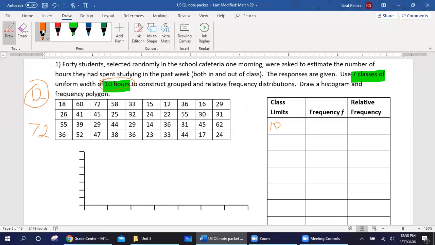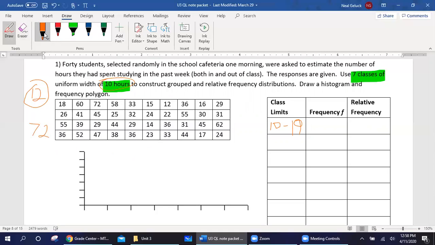Now, if I want it to have a width of 10 hours, you've got to be careful here. I'm going to go from 10 to 19 hours. People would think 10 to 20, but it's actually 10 to 19, because if you think 10, 11, 12, 13, and so on all the way to 19, that actually would be 10 numbers.